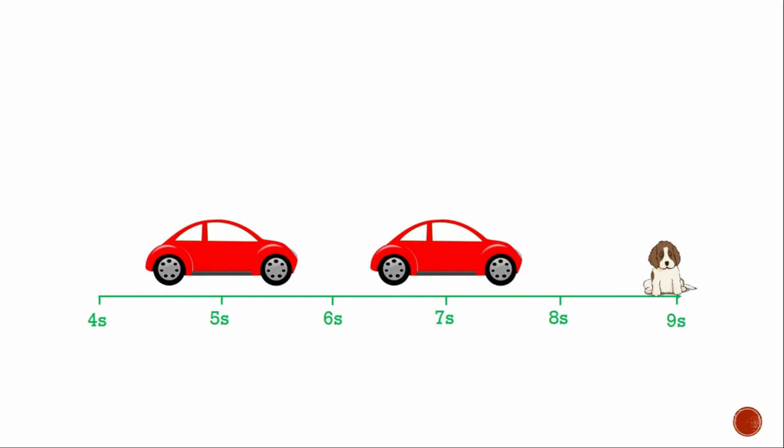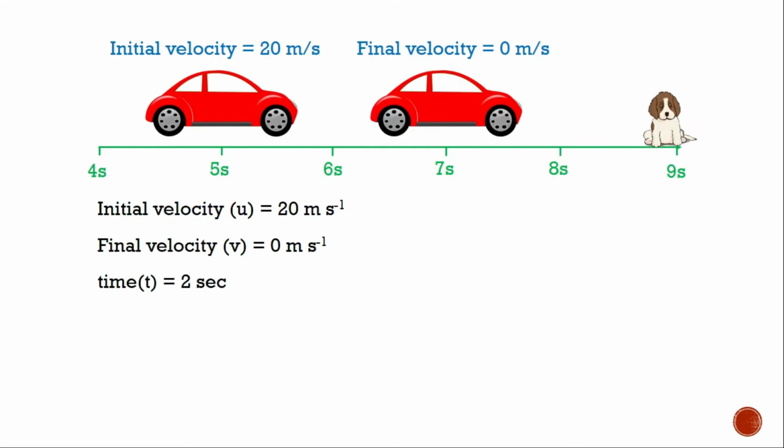So here, if you take this to be the initial position, the initial velocity of the car becomes 20 meter per second. And the final velocity here will be 0 meter per second as the car comes to a stop. So here you can see that there is a change in velocity, but this change in the velocity is in the negative direction. Or in other words, the velocity is decreasing.